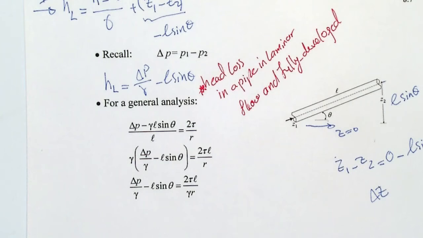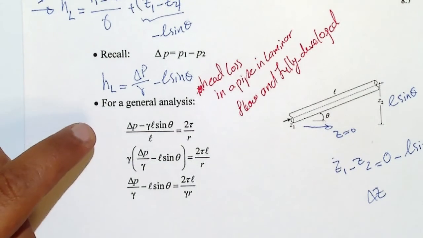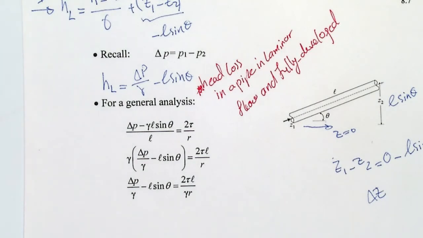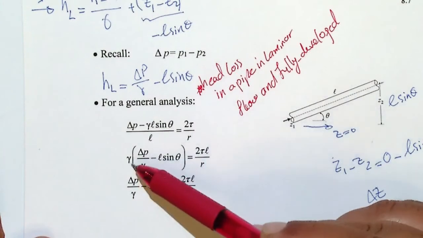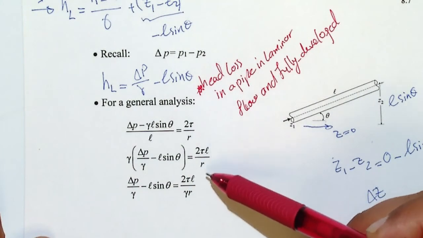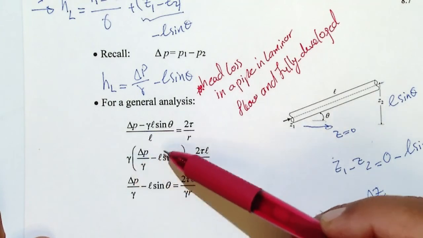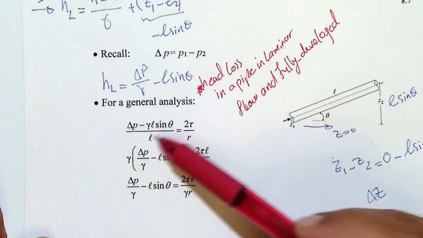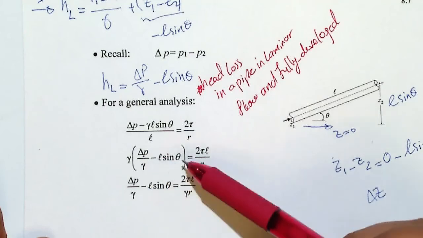Again, you can replace delta P with the equation that you found before, the relation between tau and delta P. Remember that we have delta P over L equal to 2 tau over R, and then we made it general for the inclined pipe, which is (delta P minus gamma L sine of theta) over L equal to 2 tau over R. If you replace that, multiply both sides by gamma, and bring L to the other side, then you will have delta P over gamma minus L sine of theta.